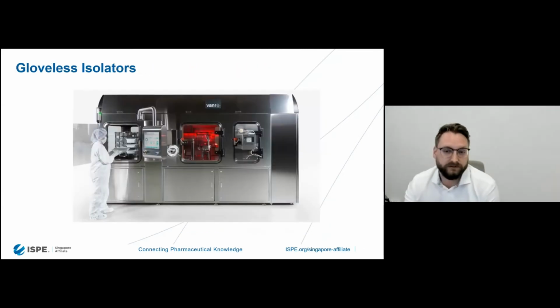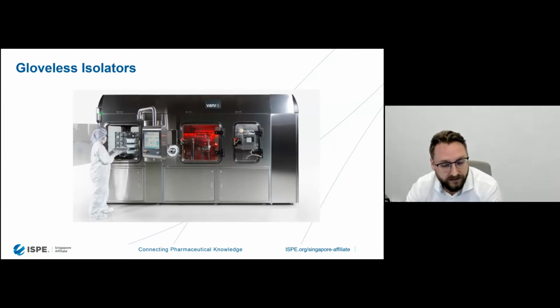So the next system we'll look at are gloveless isolators. Again, very different than BFS. They're similar to the type of isolators that we're all familiar with, except there are no glove ports. So once the internal environment is sterilized, there is no operator interaction with the process, other than via the HMI.